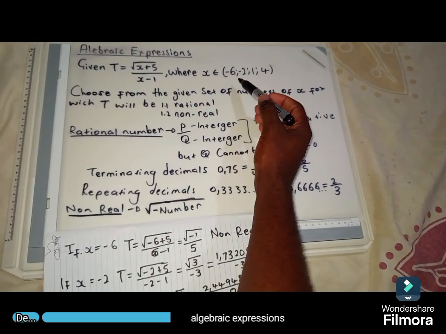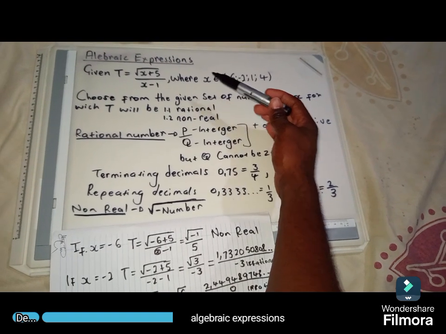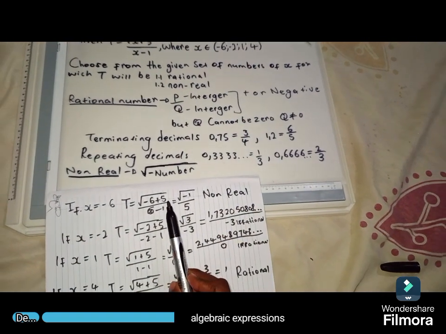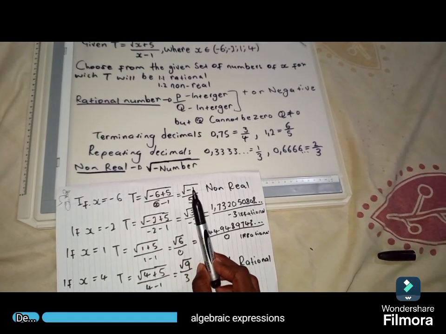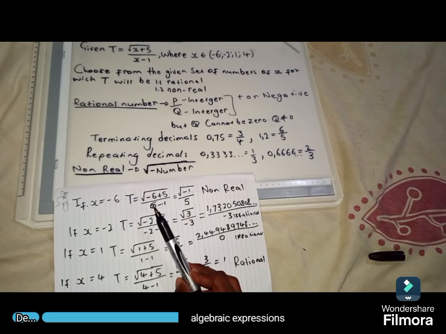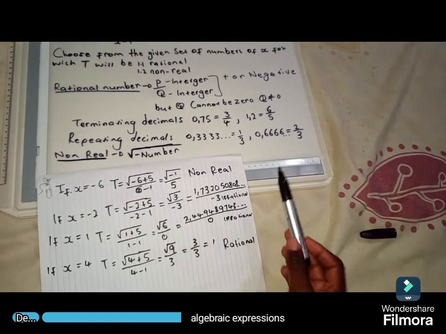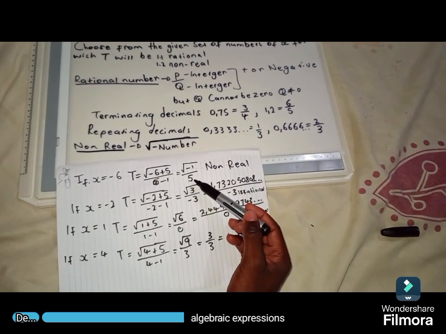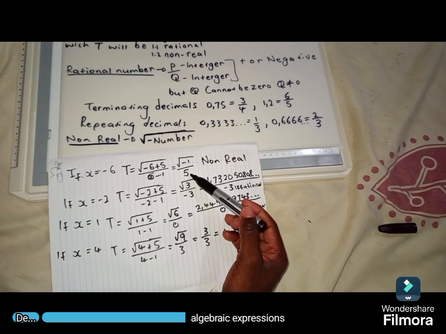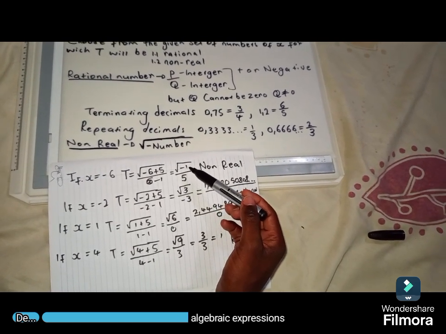You start with the first number, which is -6. What happens when you input this number into this equation? We input -6, it's going to be -6 plus 5. That gives us -1. At the bottom we have -6 minus 1. That gives us -7. Okay, so when we analyze this, we see that the bottom is a rational number, but the number at the top, which is -1, is under a square root, so it's a non-real number.